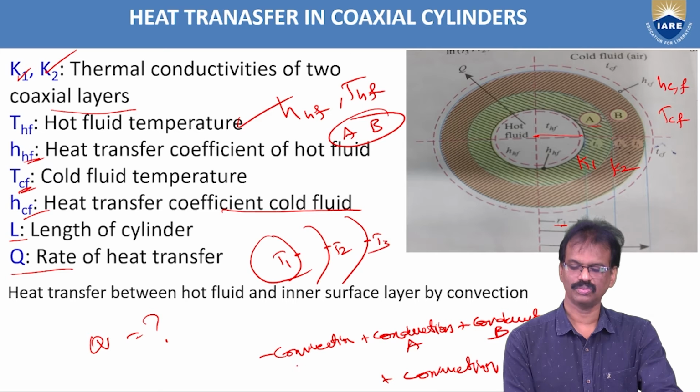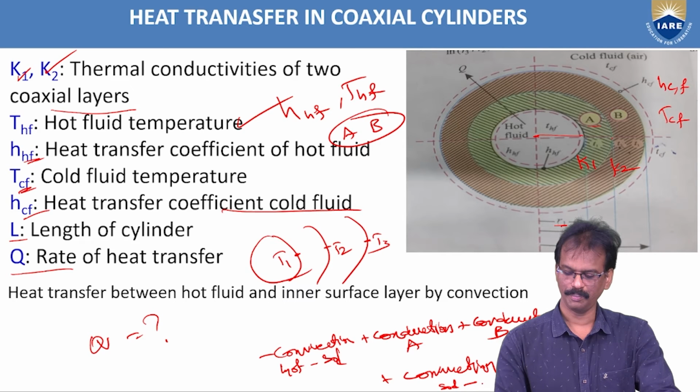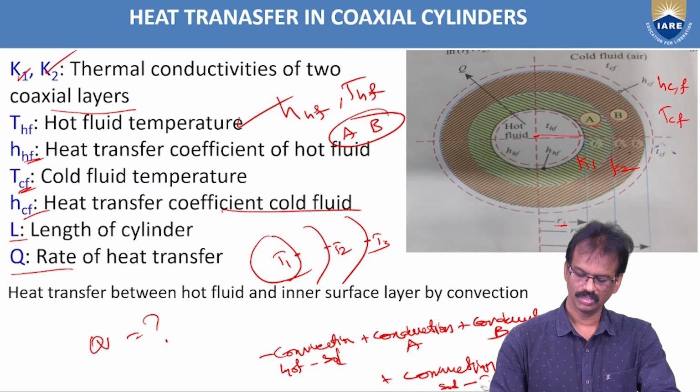Convection means hot fluid to the inner surface of the first layer, a solid surface. Here also, the solid surface to the outer air, that is the ambient air, the cold fluid, T cold fluid. This is the process. Now we will consider the rate of heat transfer individually.